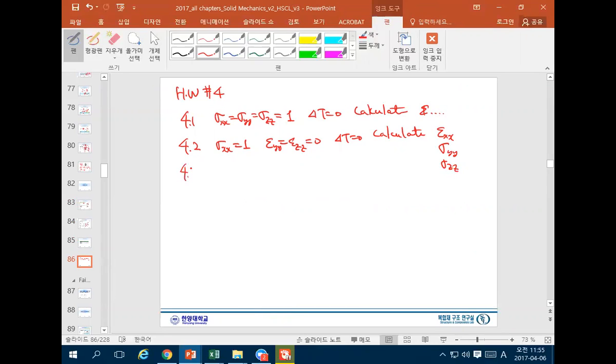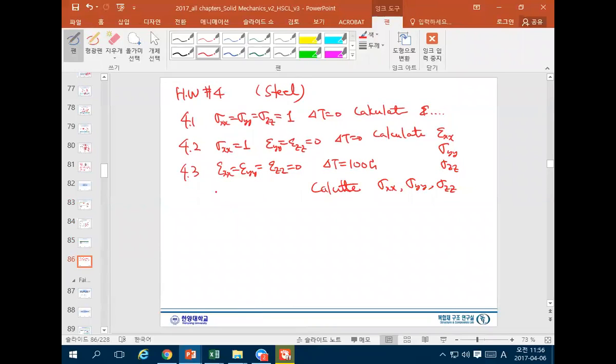Now 4.3, epsilon xx equals 0, epsilon yy equals 0, epsilon zz equals 0, and delta T is 100 Celsius. You can get the material property. And now you calculate sigma xx, sigma yy, and sigma zz.